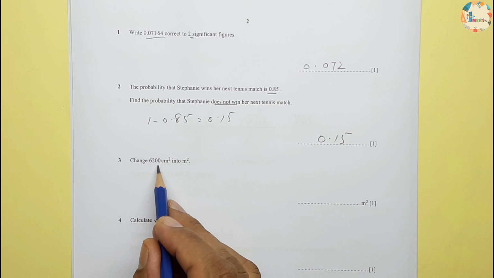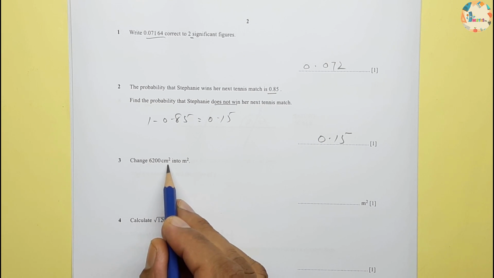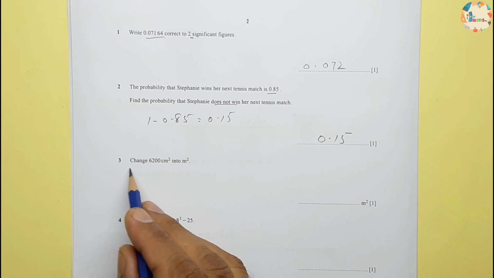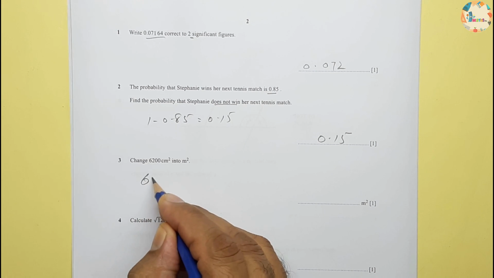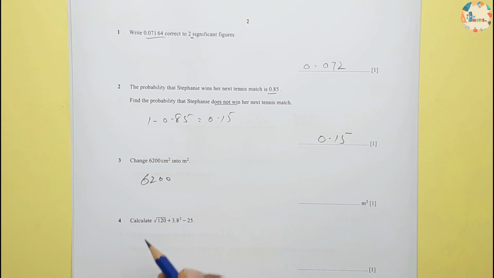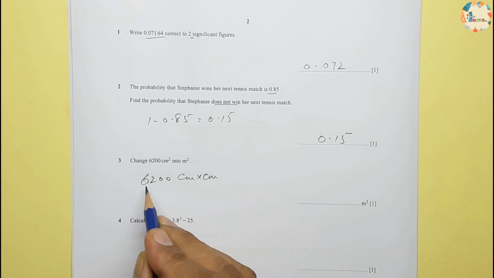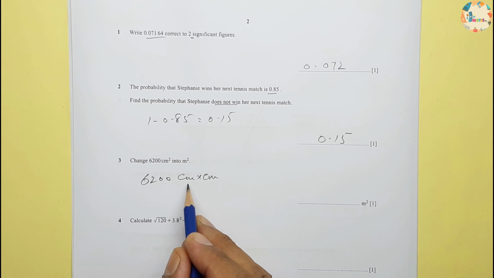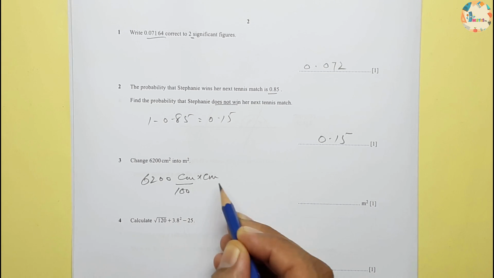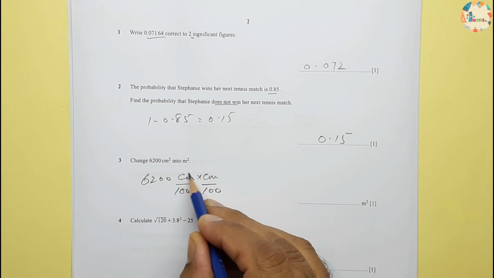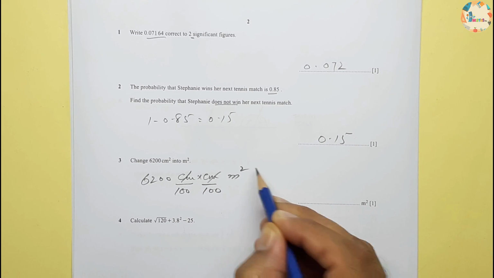Change 6200 centimeter square into meter square. This is question number 3. So 6200 centimeter square, centimeter into centimeter we can write, and this one will have to change into meter. Each centimeter will be divided by 100 to get meters, so this will be meter square.